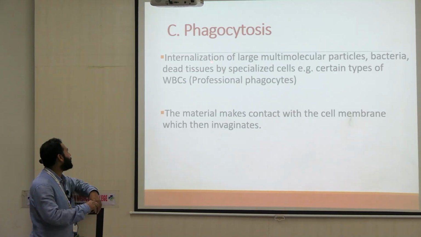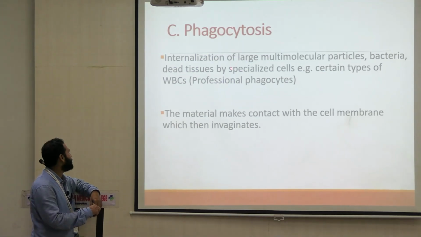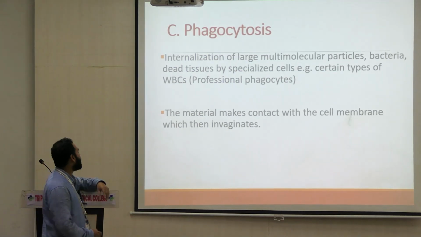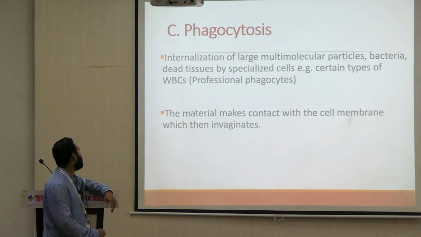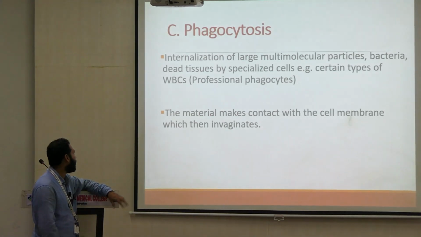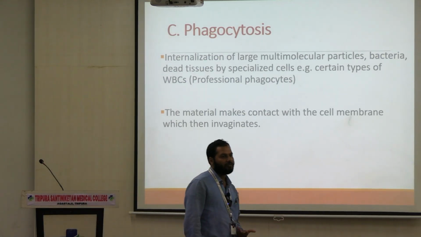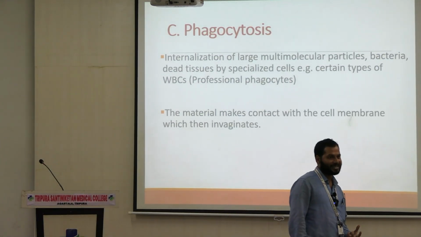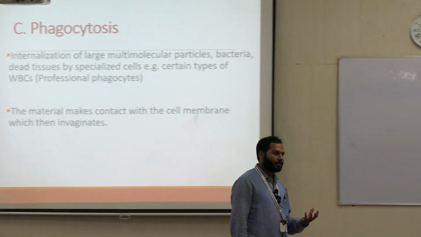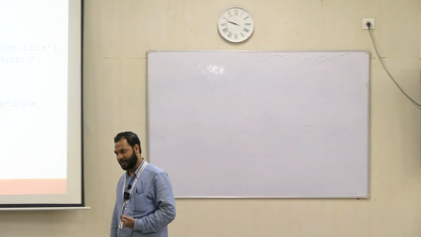It is a process of internalization of large multimolecular particles, bacteria, and some dead tissue by specialized cells. The material makes contact with the cell membrane, which then invaginates. This is the general mechanism of how the phagocytic cells, the immune cells, work for the engulfing of foreign particles like viruses and bacteria.